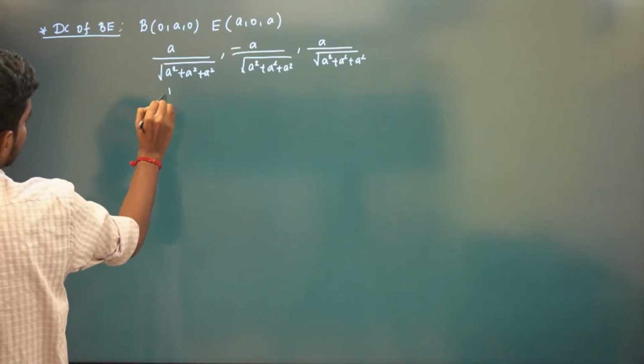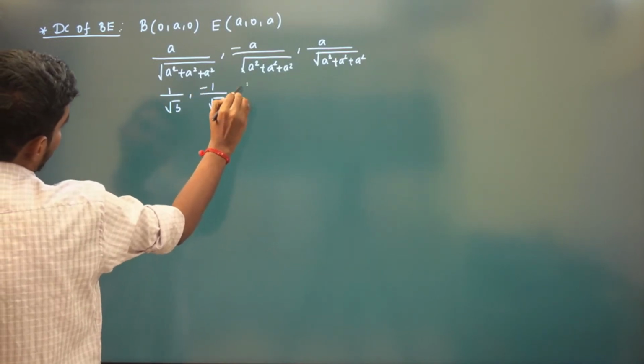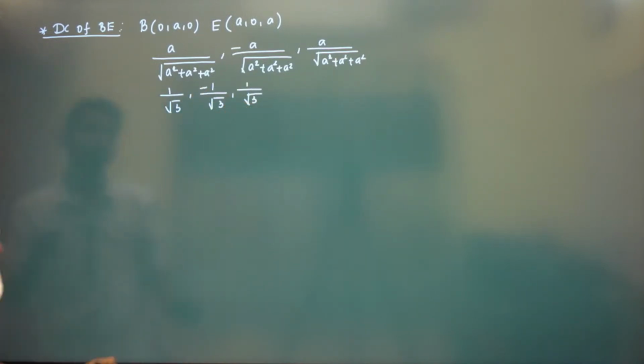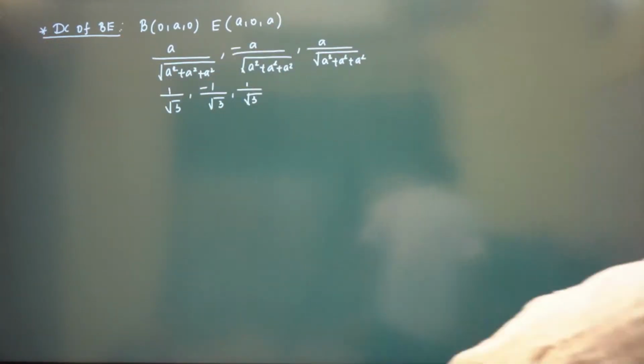So the direction cosine is 1 by root 3, minus 1 by root 3 and 1 by root 3. This is the direction cosine of BE, right? Just take a square outside, a will get cancelled.